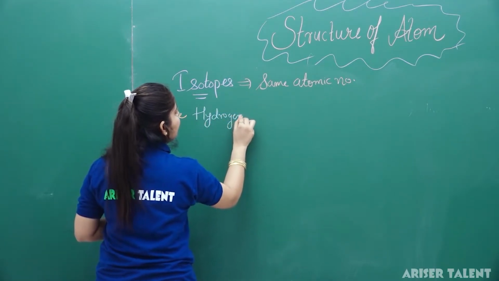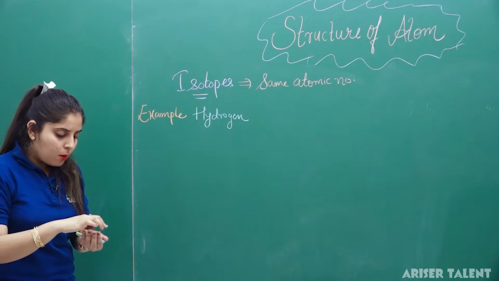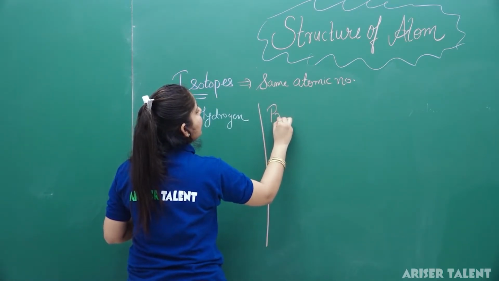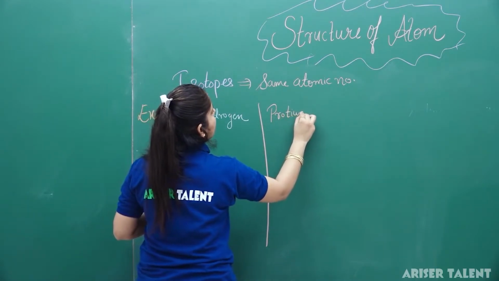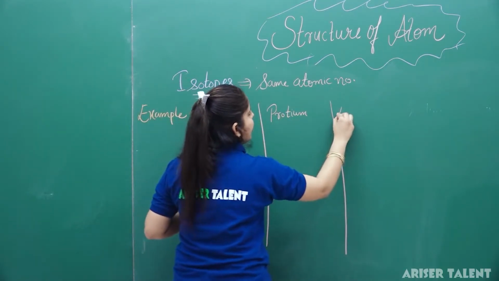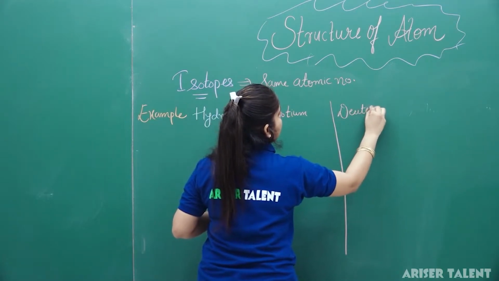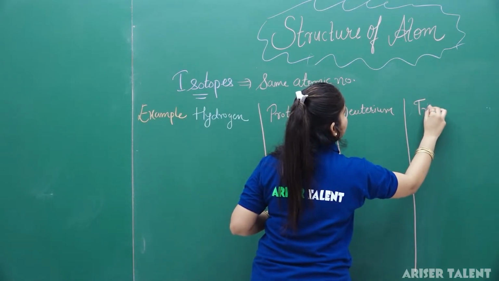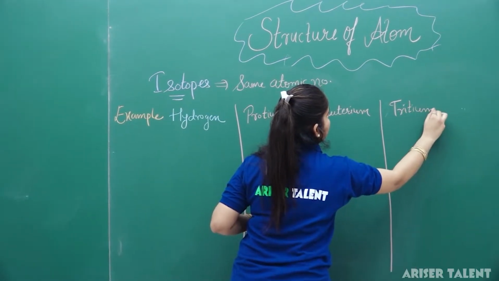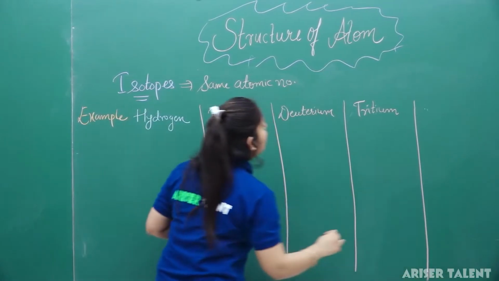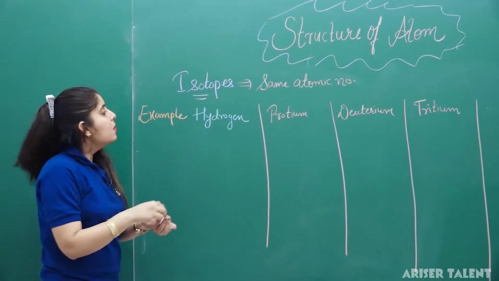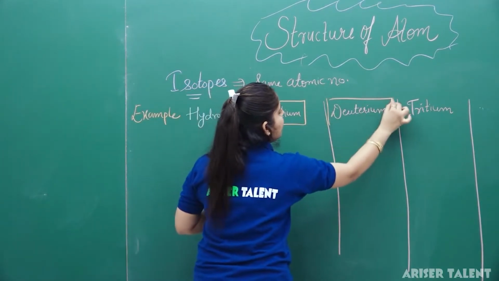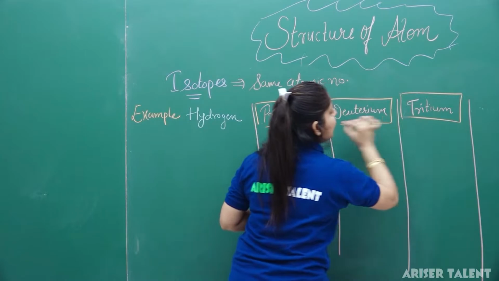Hydrogen is basically present in three isotopic forms, that is, first one is protium, second one is deuterium, and the third one is tritium. So here we have the three isotopic forms of hydrogen. First one is protium, second is deuterium, and the third we have is tritium.